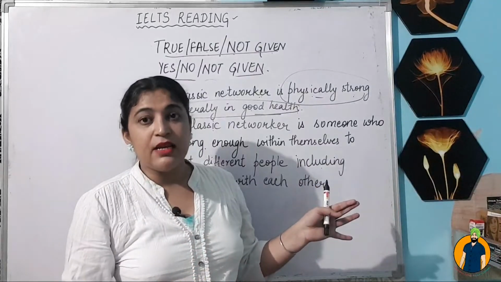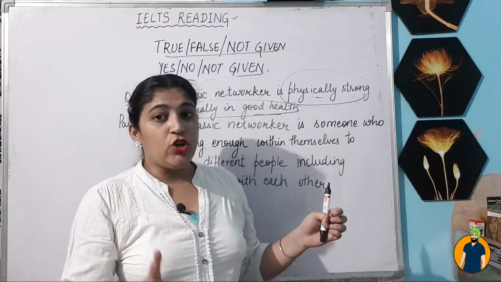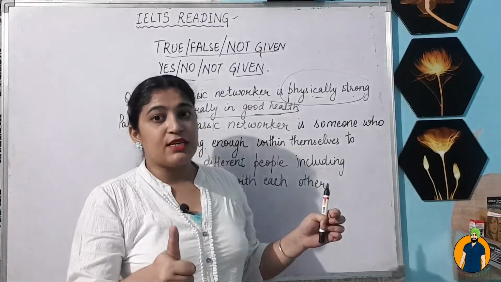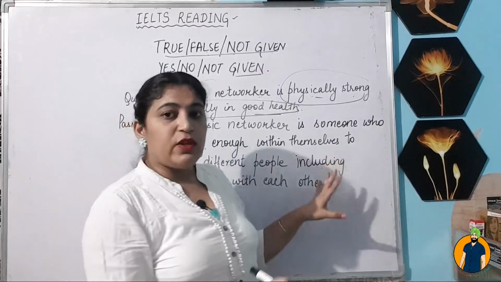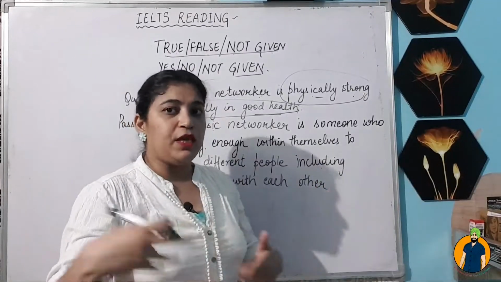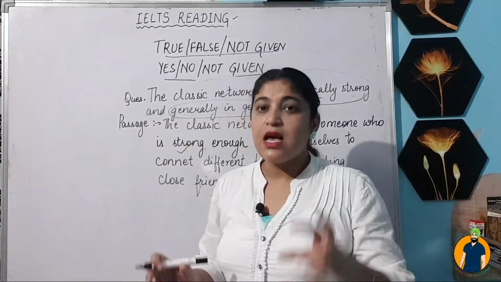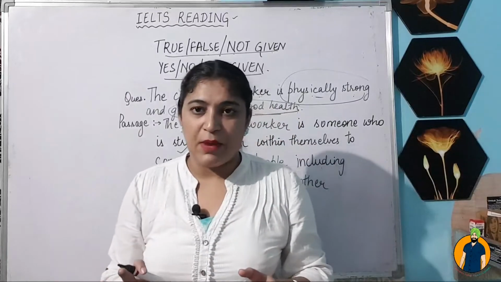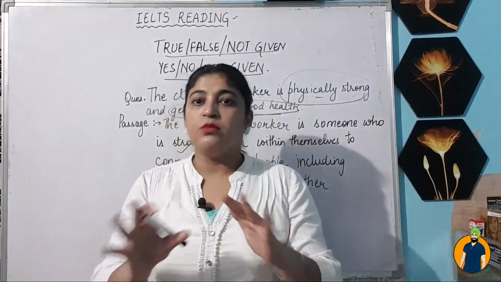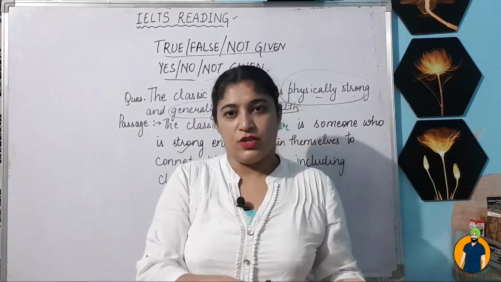It means that in relation to connection he is strong enough, but not in the case of physical strength or good health. Clear? So it will not be Yes, it will not be No, our answer will be Not Given, because only one or two keywords match, but the meaning of the question does not match the meaning of the passage.